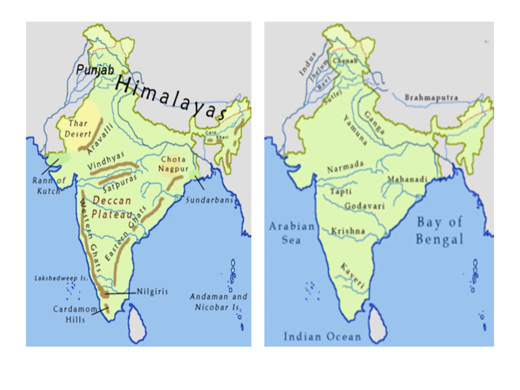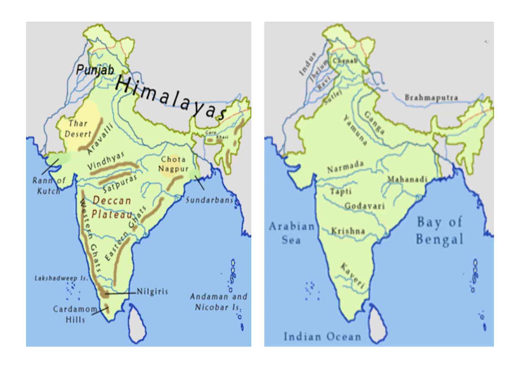Now in the next map, the rivers of the plateau regions are shown. The Narmada, Tapi, Mahanadi, Godavari, Krishna, Kaveri. In that, the Narmada and Tapi are the rivers which flow westwards.